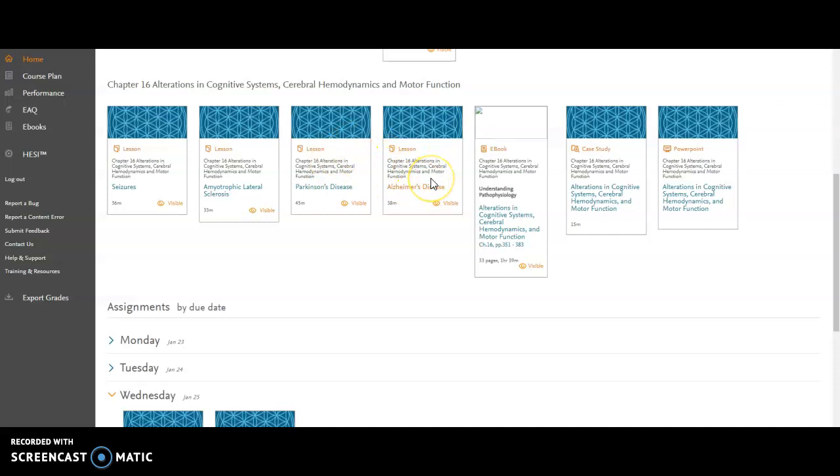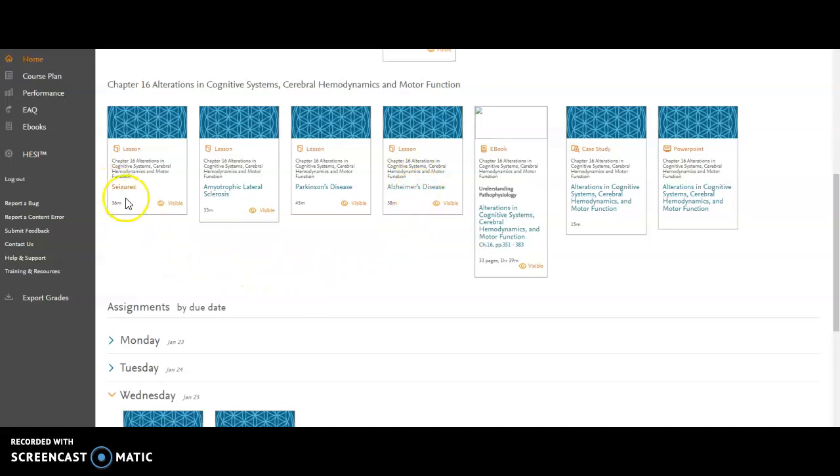Next, spend some time with Alzheimer's. We might see Alzheimer's in the acute care setting, especially if they're having exacerbations or if they have a comorbidity. Say I have an Alzheimer's patient that also has a heart attack, then I might see them in the acute care setting versus a long-term care facility. So think about when I might see that individual in the acute care setting.